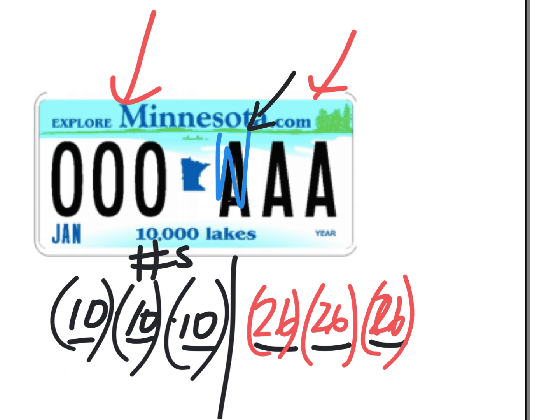I don't know if they still do this. Maybe they've stopped doing it. But when I was a kid, if it was a W on the first letter, that meant whiskey plate. And that means that a cop, by just looking at your plate, could go, I can stop that guy for any reason and just check to make sure he's not drunk because he's been caught driving drunk twice already. So that's what it used to be. I don't know if they still do that, but okay.